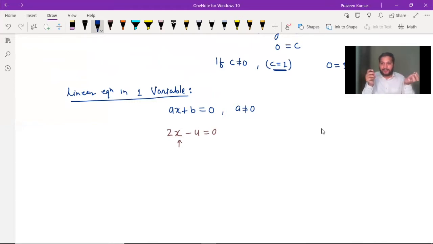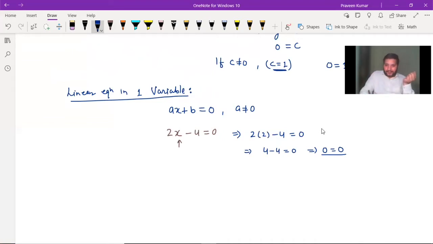You will say, sir, it will be 2. This implies 2 into 2 minus 4 is equal to 0, so 4 minus 4 is equal to 0, so 0 is equal to 0. It satisfies the equation.